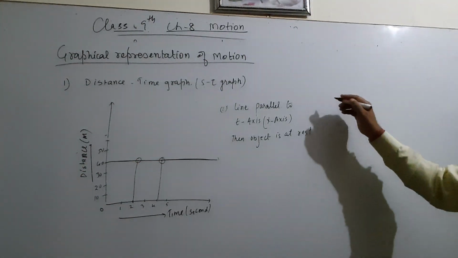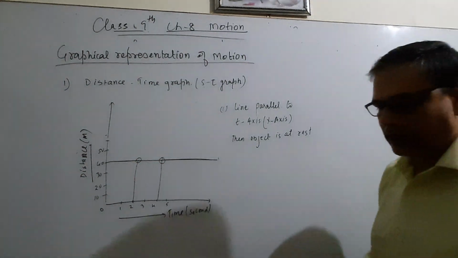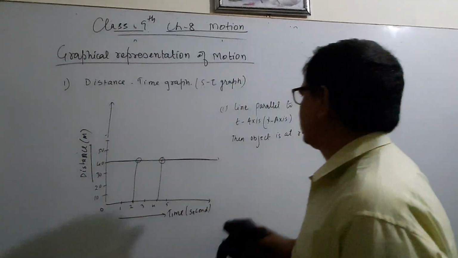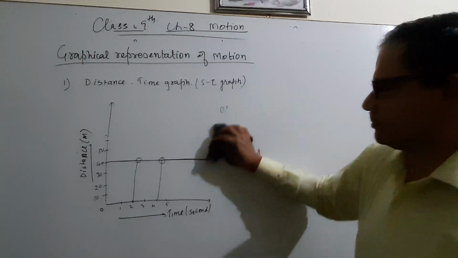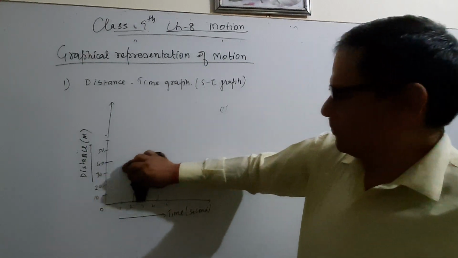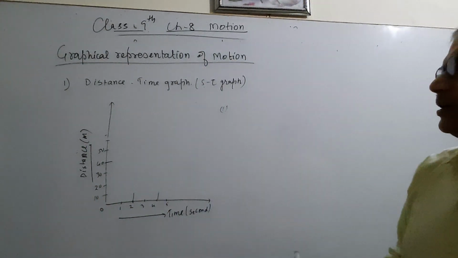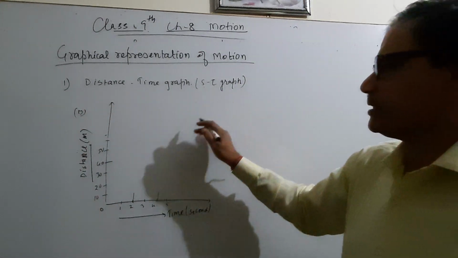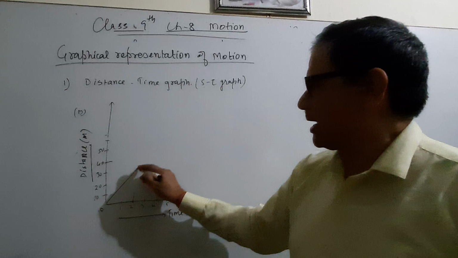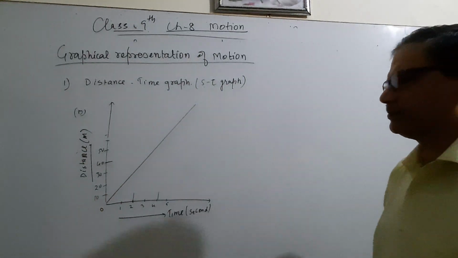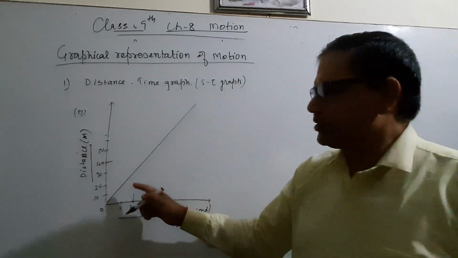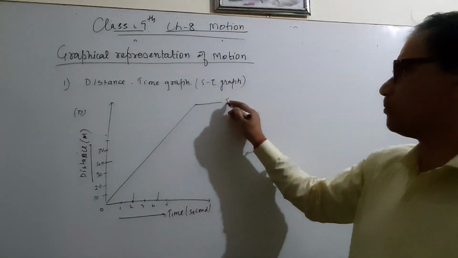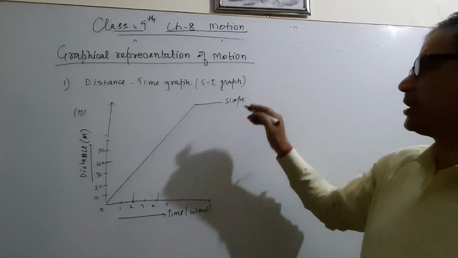And now the second type of distance-time graph. If the graph is drawn like this, a straight line which makes an angle, that is a straight slope.